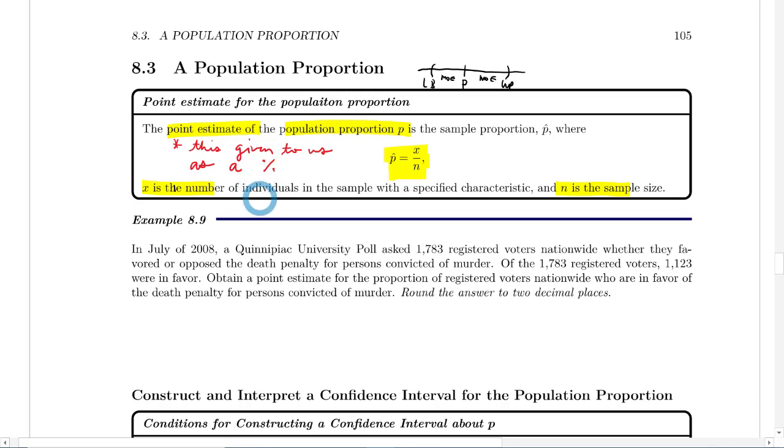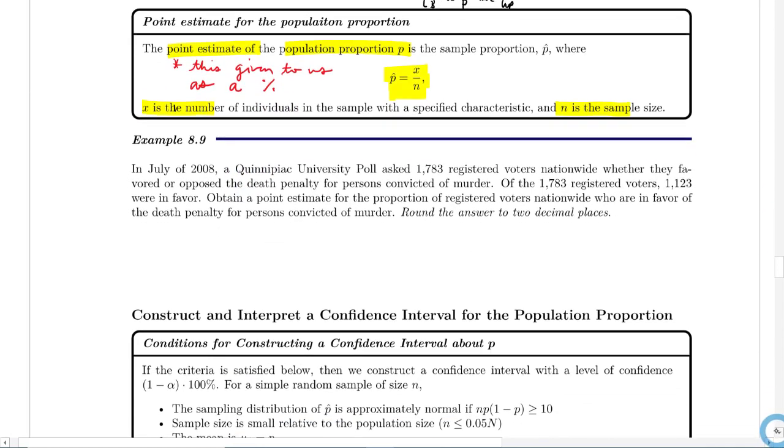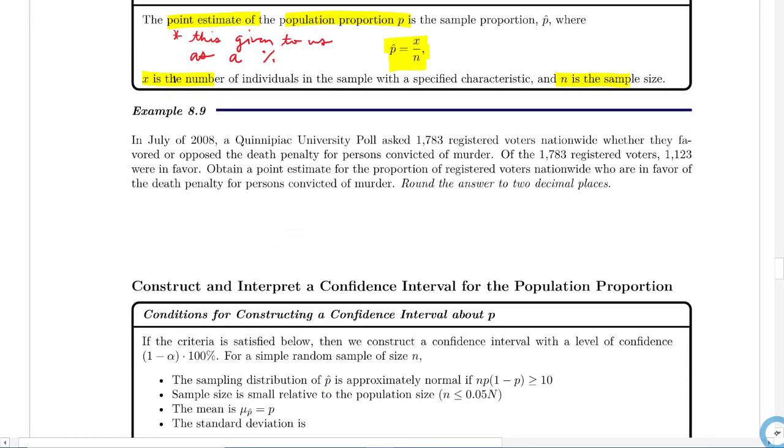If it's a mean, it will give you a mean and a standard deviation. If it is a proportion, it gives you a percent, and you won't see any words of mean or standard deviation. Okay, so let's go ahead and look at some registered voters in a Quinnipiac University poll.